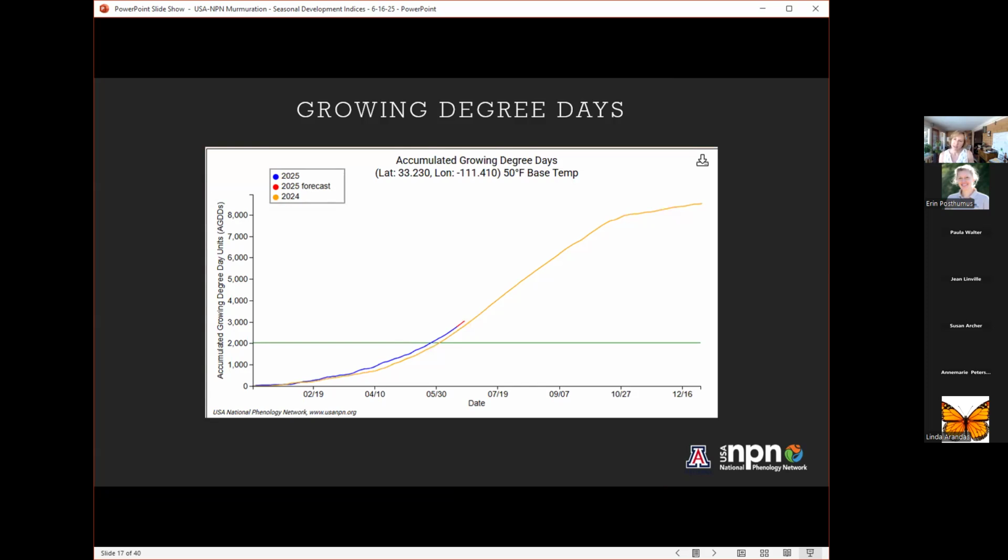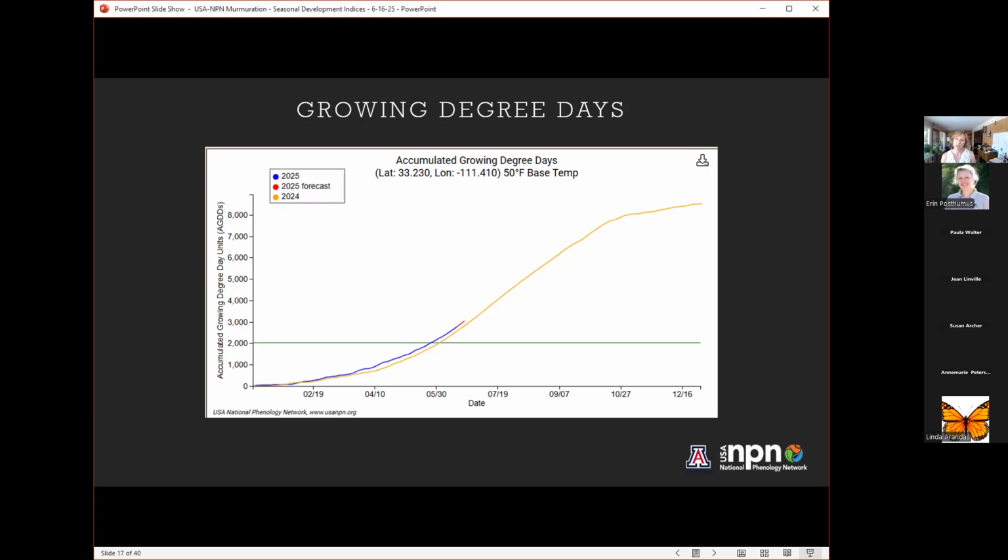And so going back again to the pine needle scale example, if we have figured out through observation and a little bit of math how many growing degree day units it takes for that organism to hatch from eggs into crawlers, then we can watch that. We can basically predict when we think that event is going to occur, even if we haven't gotten there yet.